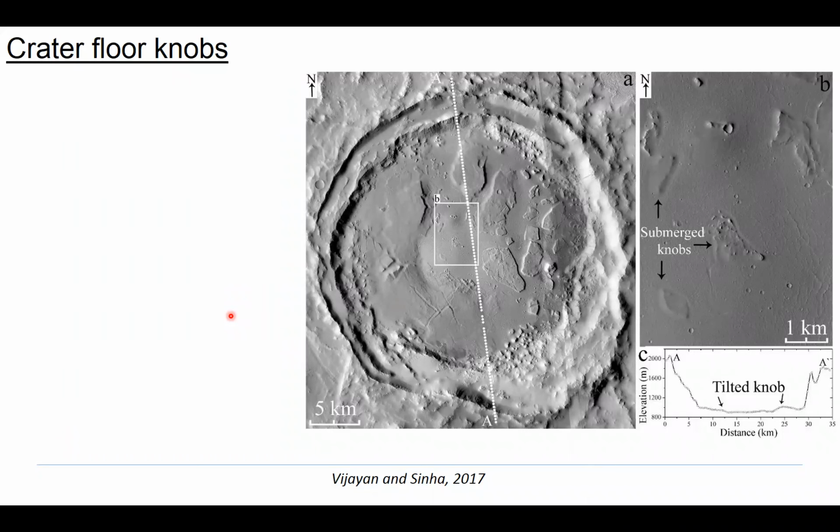The crater, which is very closely associated with this channel, has been hugely modified. The floor has been depressed, and the floor now consists of numerous hummocky knobs, and they are tilted towards the center of the crater. That means this crater and that channel have an association.